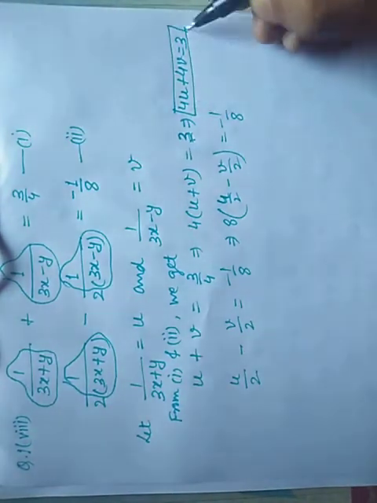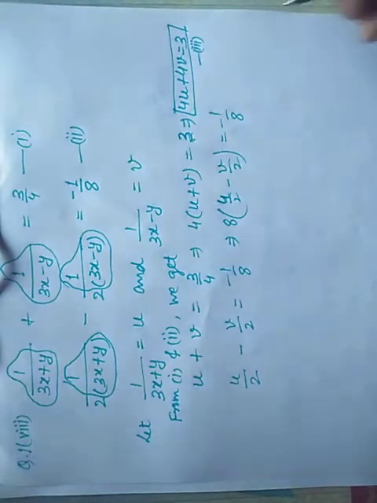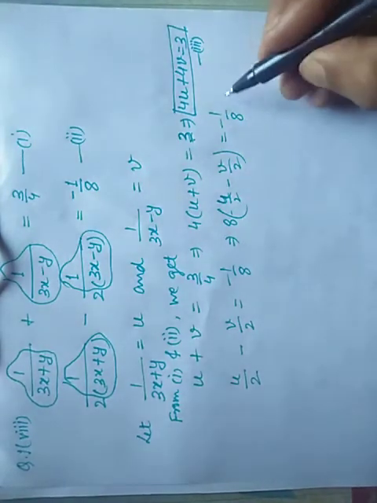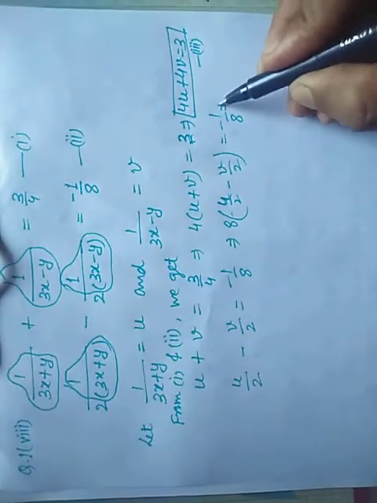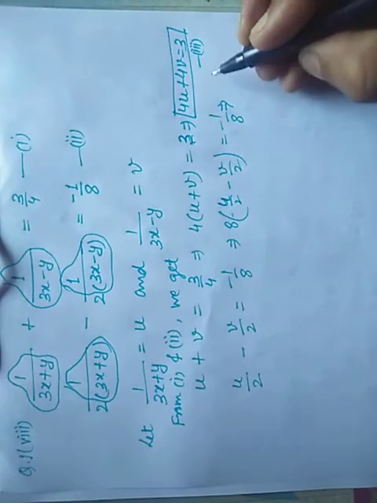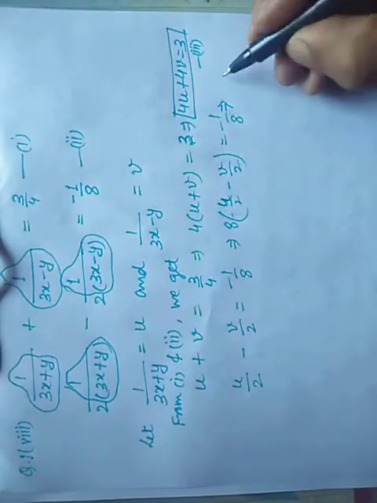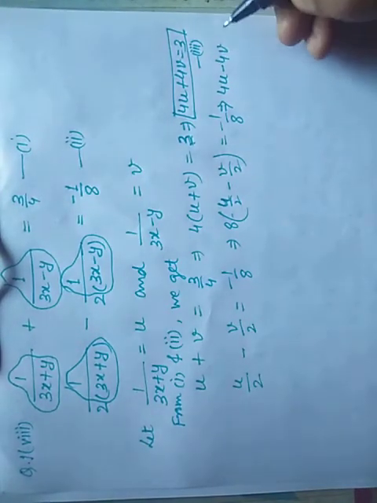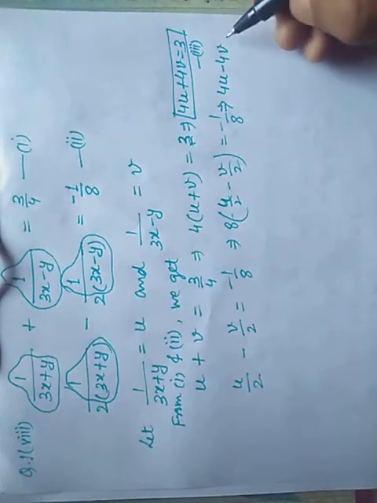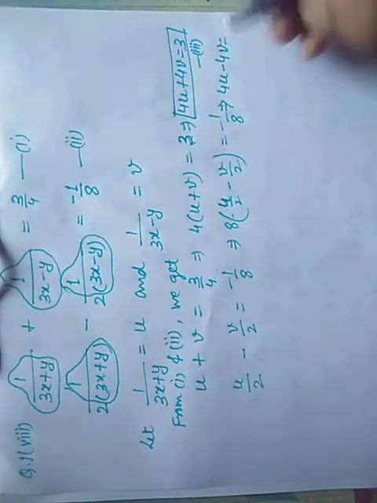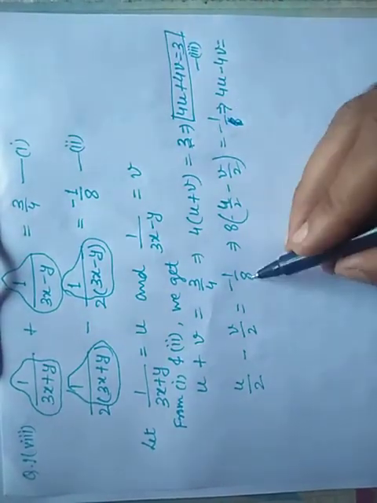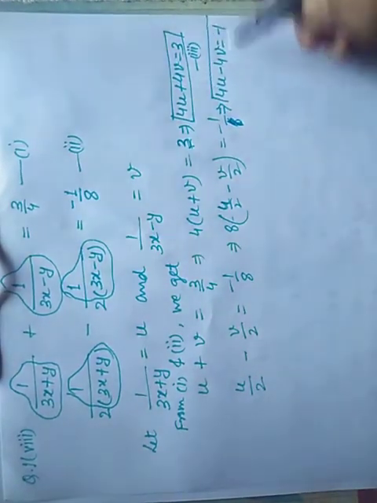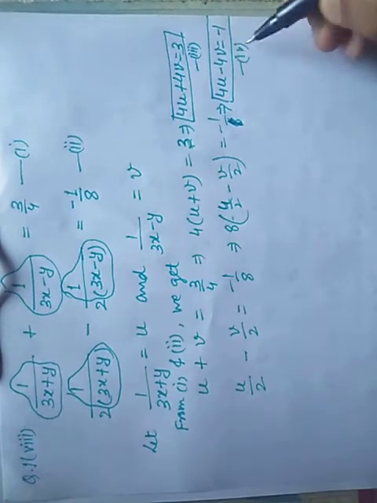It becomes equation number 3, and because we will multiply 8 inside, we will get 4u minus 4v is equal to, 8 will be cancelled because we have shifted 8 to the left side, so it will be minus 1, and this is our equation number 4.